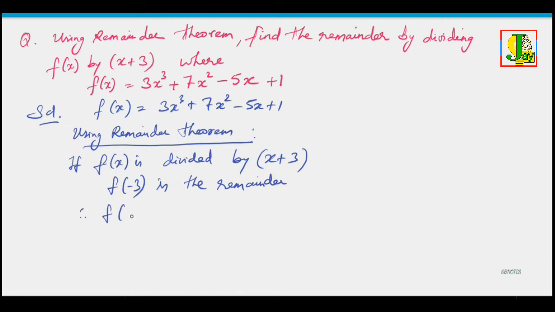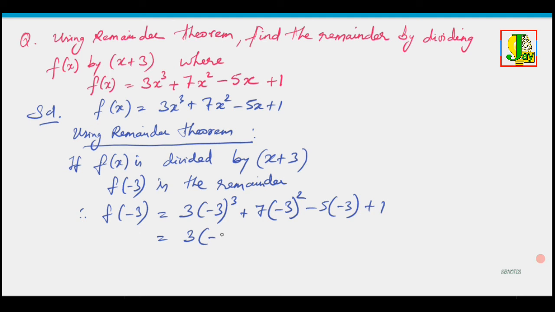Therefore f of minus 3 equals 3 into minus 3 cube plus 7 into minus 3 square minus 5 into minus 3 plus 1. So minus 27, 9, minus into minus becomes plus.